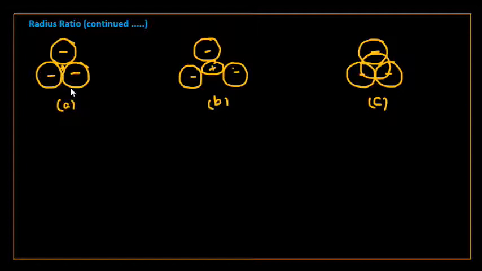Now let me explain the octahedral structure. To explain that, I need to draw figures again. So say these are the four anions arranged in this way.